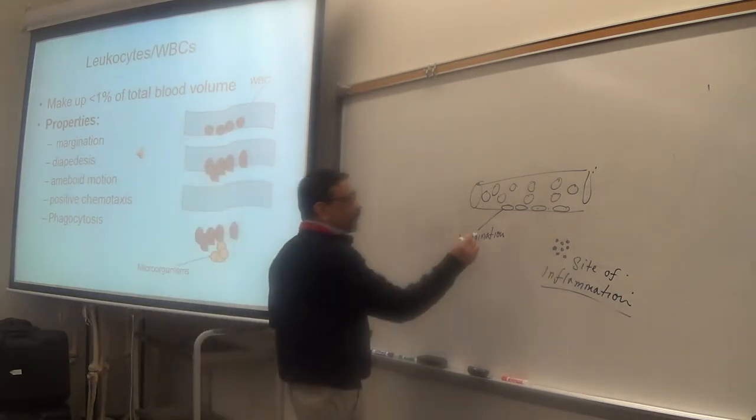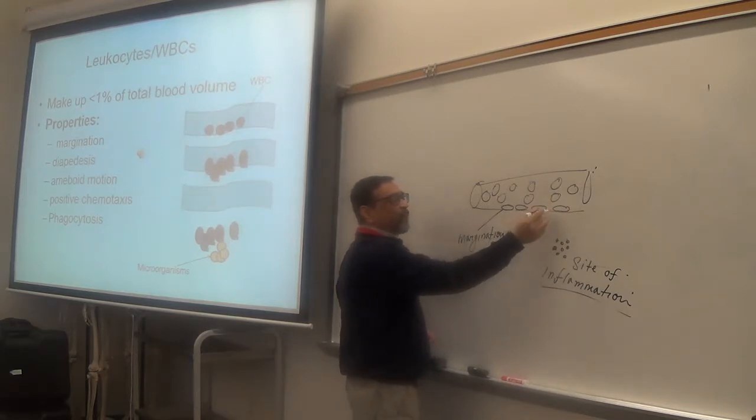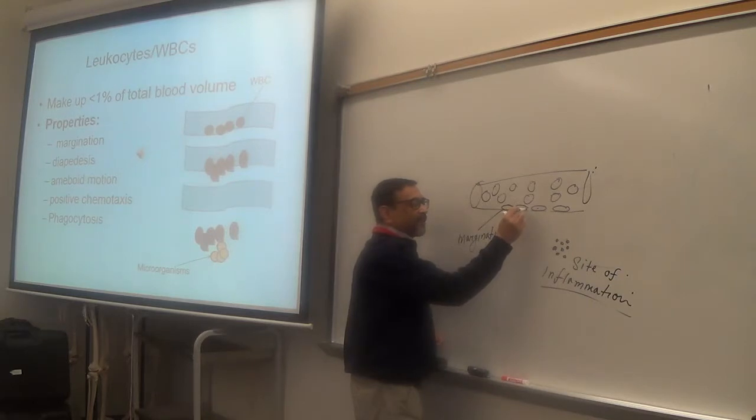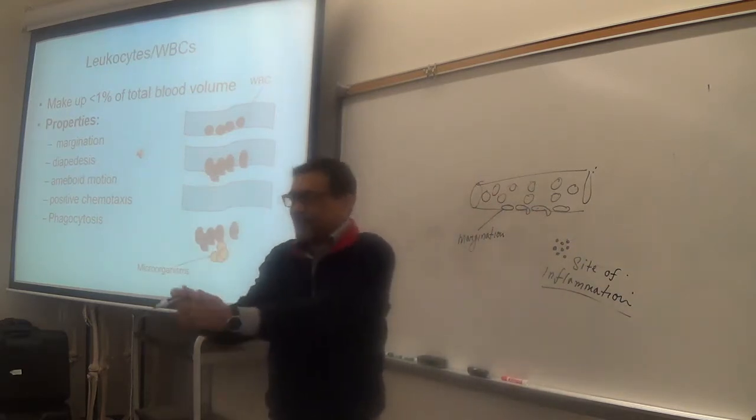Then we know that the wall of the veins or capillaries particularly have pores. So what will happen next? The white blood cells will try to squeeze out through those pores. Squeeze.